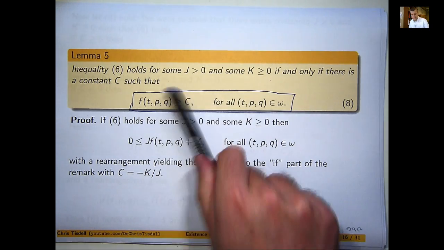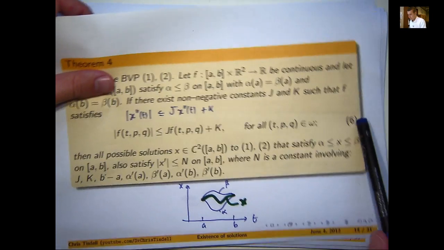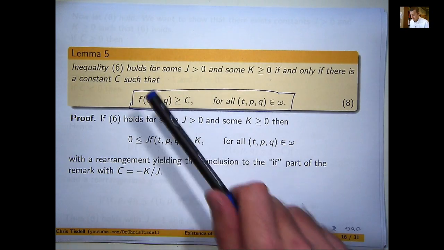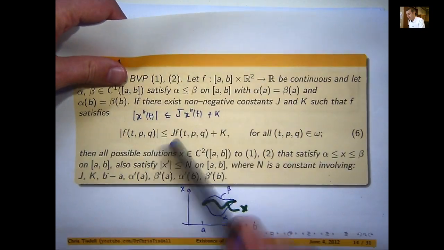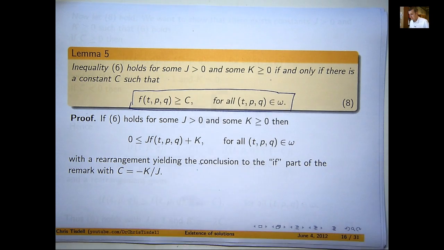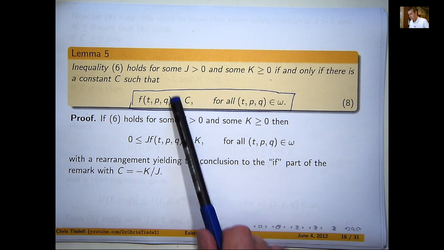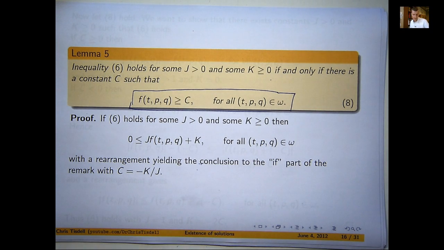Okay, and in this lemma, it's claimed that inequality 6 will hold for some positive number j and some non-negative constant k, if and only if there's a constant c such that this inequality is satisfied on this set. Okay, now what does this say? It basically says that f has a lower bound, c, on this set omega.